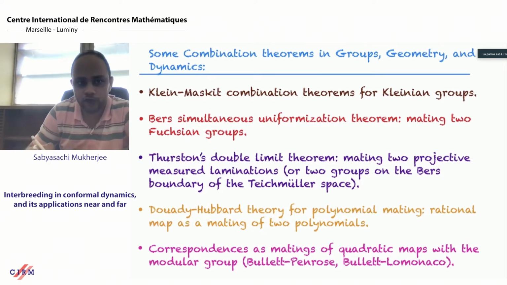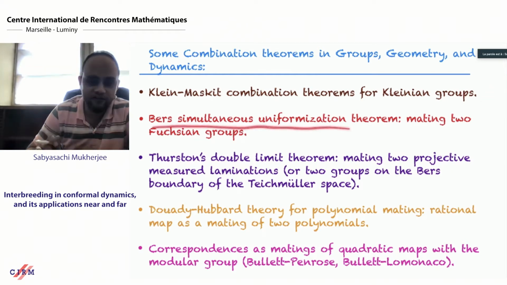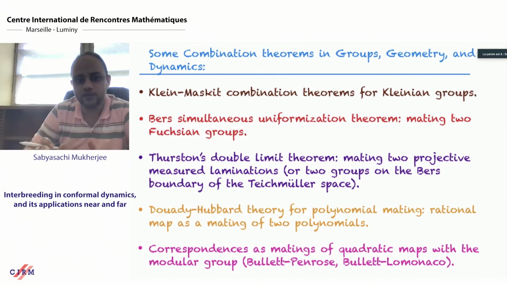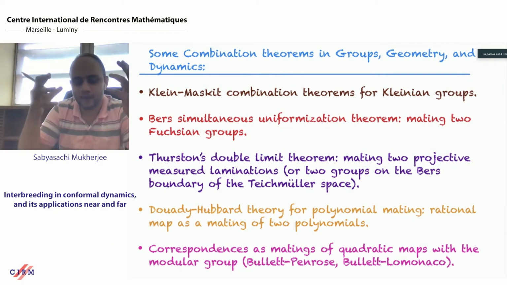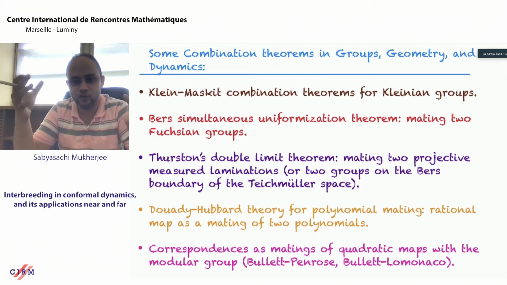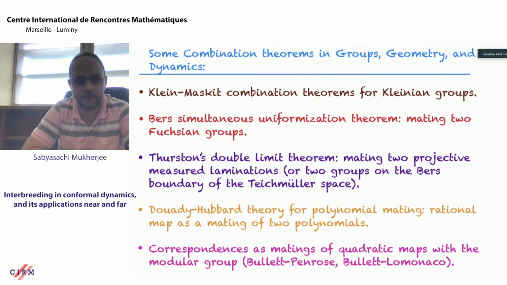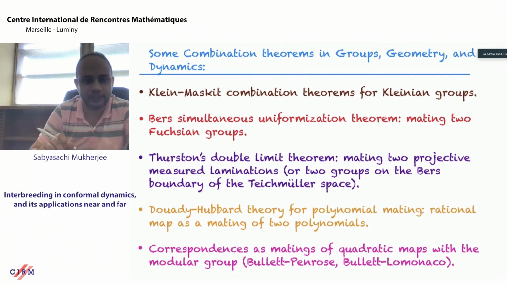Although today's talk will have almost nothing to do with this combination theorem, the Bers simultaneous uniformization theorem allows one to take two Fuchsian groups and produce a single quasi-Fuchsian group, which shows that the space of all quasi-Fuchsian groups, viewed as representations, is the product of two copies of the Teichmüller space. Many of our results are going to be inspired by this setup of combination theorems.